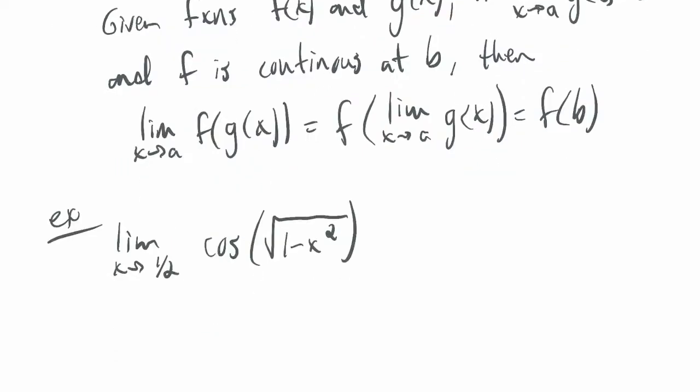Okay, so I can take this limit and move it inside the cosine function as long as that doesn't cause me domain problems or continuity problems later. As long as cosine is continuous at the result, after I move the limit inside and get some numerical result, then it was okay to do that.